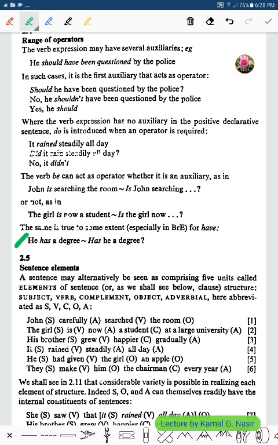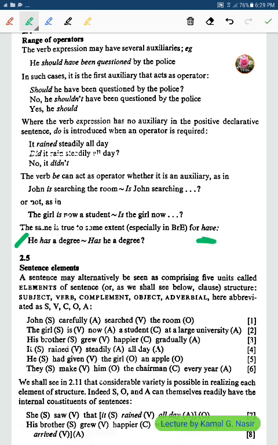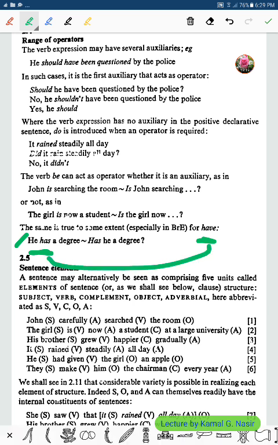And the last one is has or have. The basic form is have, and one of the forms of have is has. He has a degree. How do you make a question? Where is the subject?